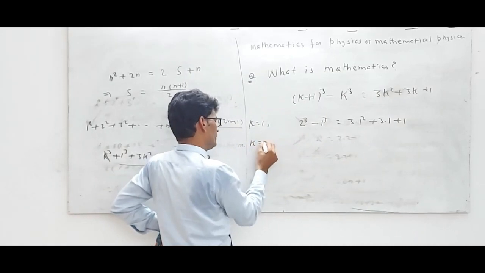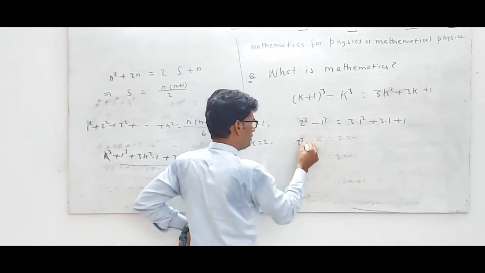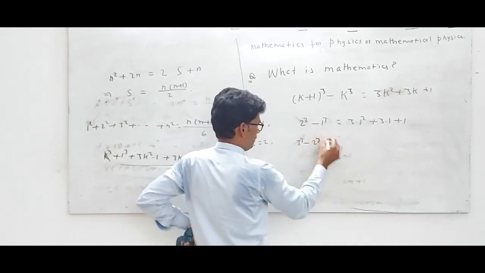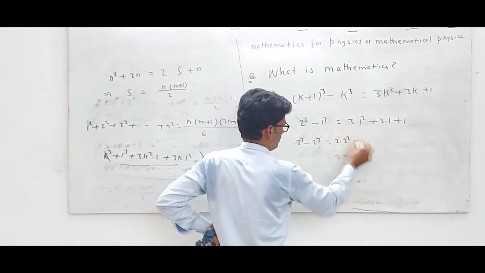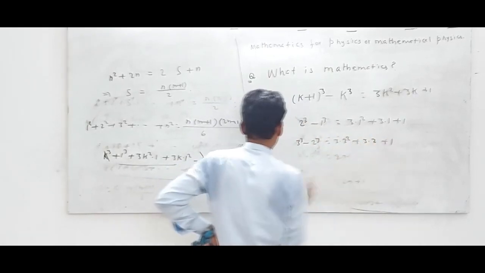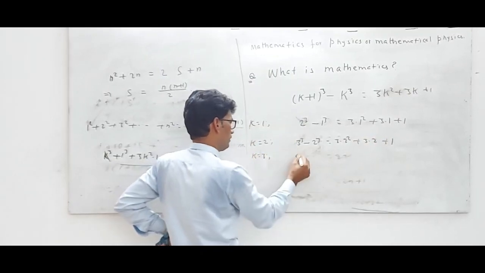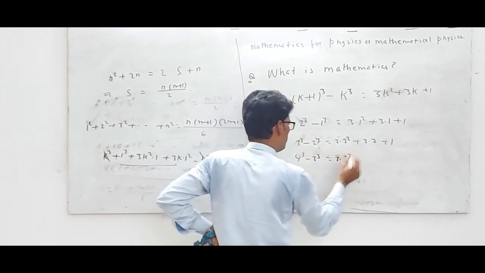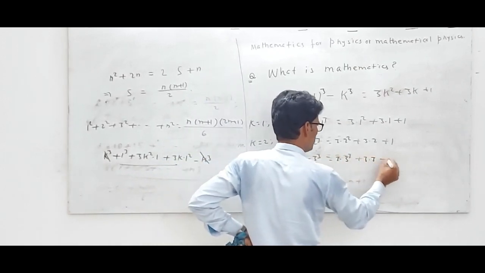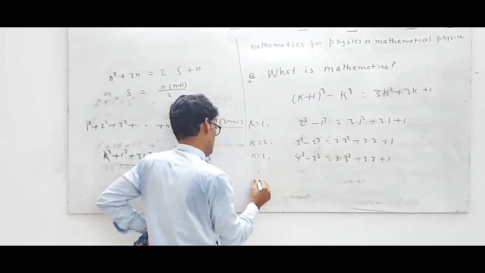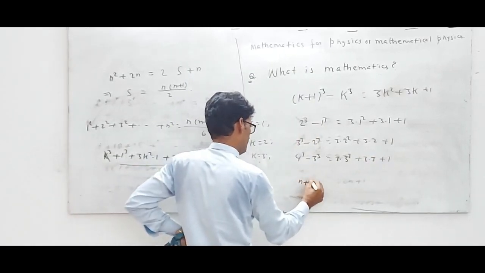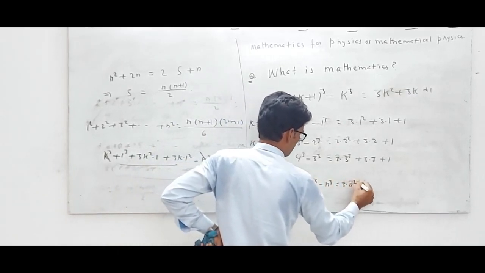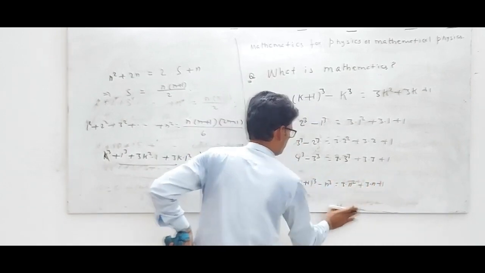So put here k is equal to 2. Then 3 cubed minus 2 cubed is equal to thrice 2 square plus 3 into 2 plus 1. Put here k is equal to 3. Then 4 cubed minus 3 cubed is equal to thrice 3 square plus thrice 3 plus 1. So on and so forth. K is equal to n. Put it here. n plus 1 whole cubed minus n cubed is equal to thrice n square plus thrice n plus 1.